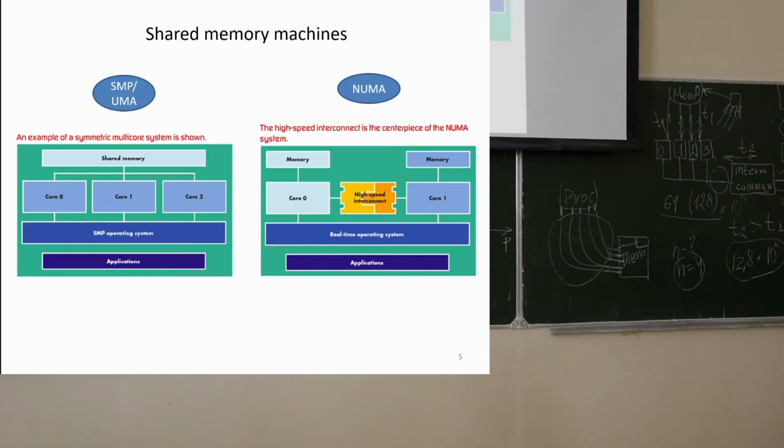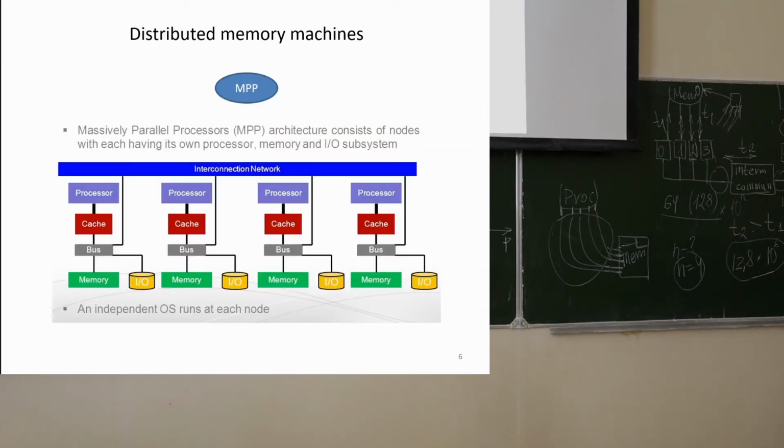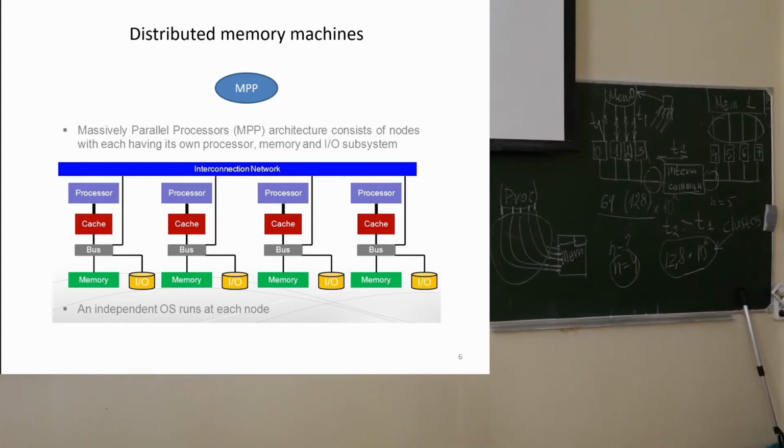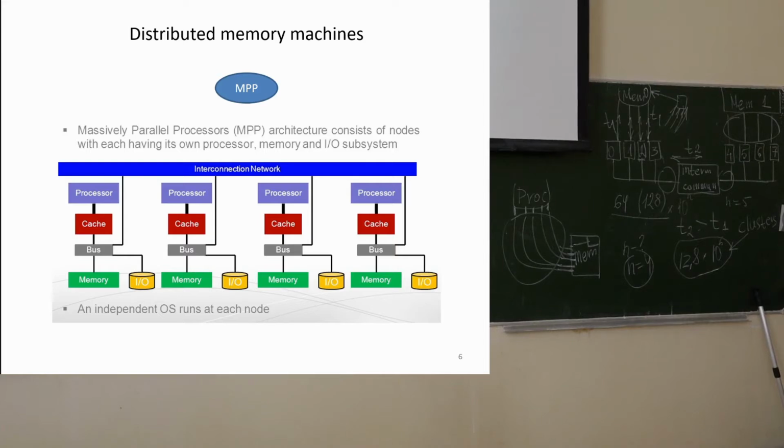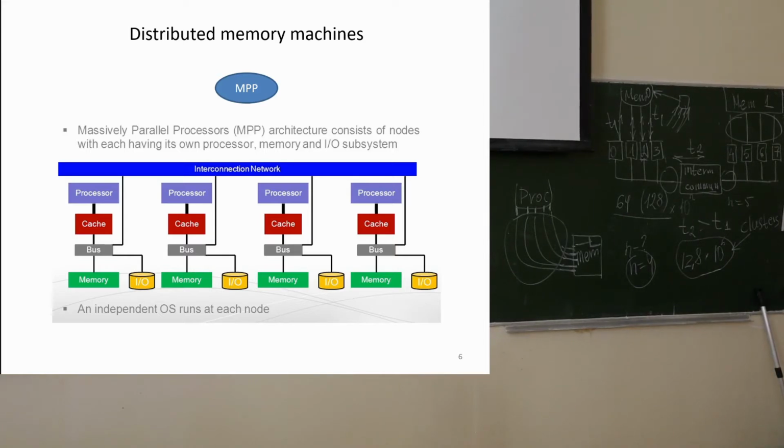And distributed memory machines, or massively parallel processor machines, or clusters, have such a structure, and the limitation is almost infinity in terms of the number of processors. But programming is rather complex.